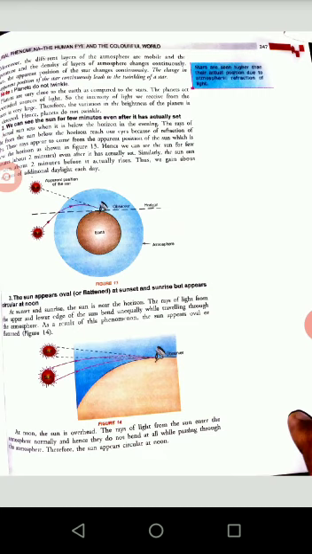That is, I is proportional to 1 by lambda to the power 4. It means the blue color of the sky, the greenish blue color of sea water, the red colors of sunset and sunrise, and the white color of the clouds are due to the scattering of sunlight.